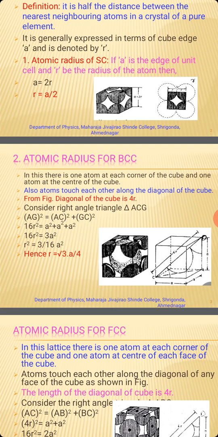For example, consider this figure, and from this second figure we will come to know that the diagonal is 4r, and diagonal square, 4r whole square, is equal to a square plus a square plus a square, meaning 3 into a square.